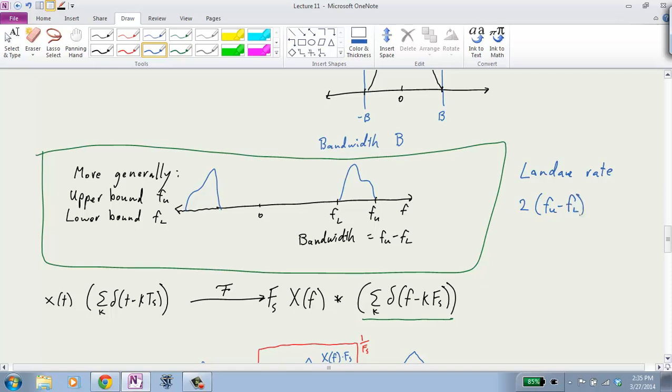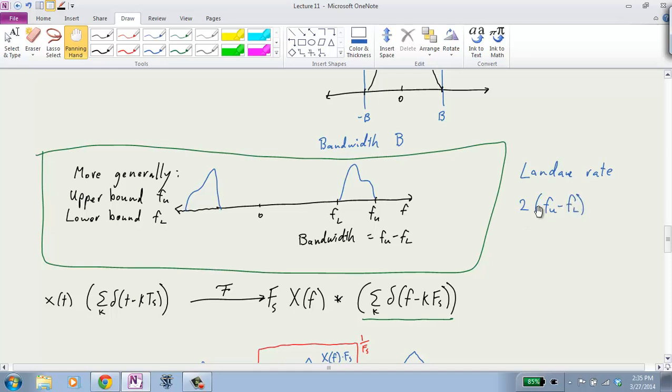Now that is a lower bound on how many samples you need. It's not always possible to sample at as low as that rate and still recover. But that's a lower bound, and if you do something called non-uniform sampling, then this would be achievable. You could get down to this rate.